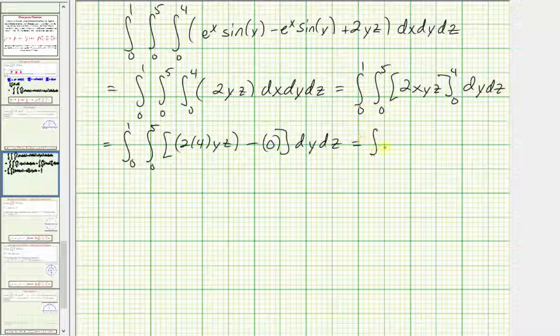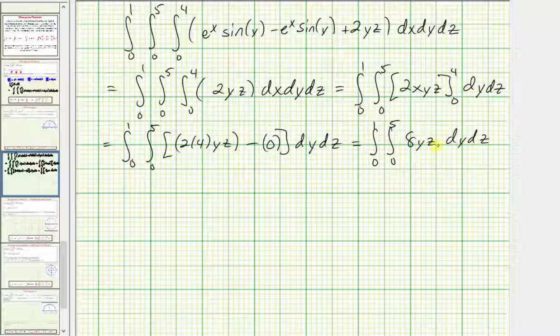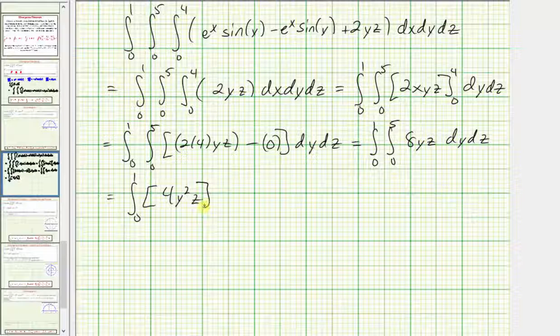So we have the double integral of 8yz dy dz. And now we integrate with respect to y, treating z as a constant. So we'd have 8z times y^2 divided by 2, which would be 4y^2 z.